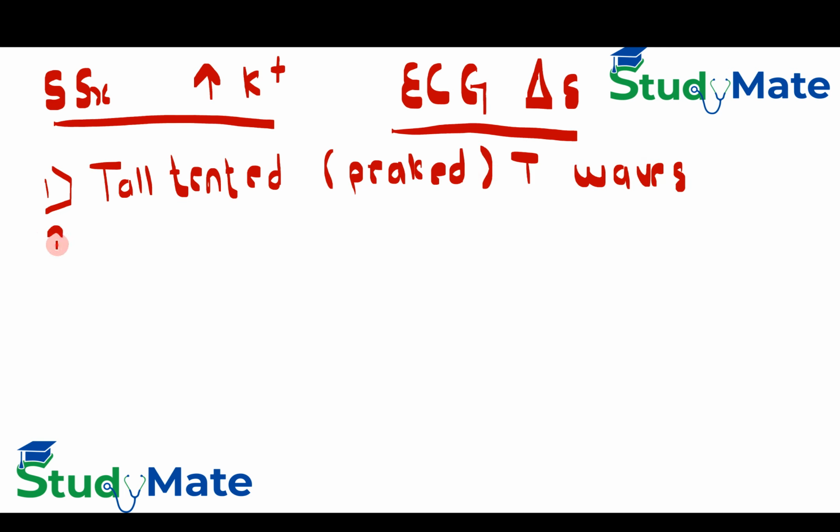Tall tented T waves. The second thing that you will notice will be increased PR interval that will ultimately signify or indicate bradycardia.